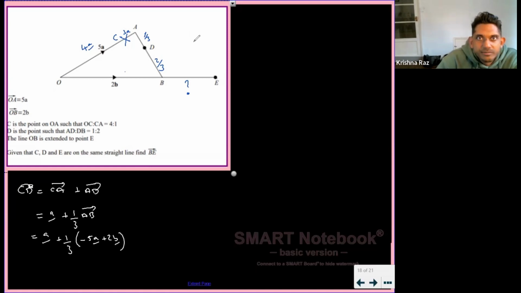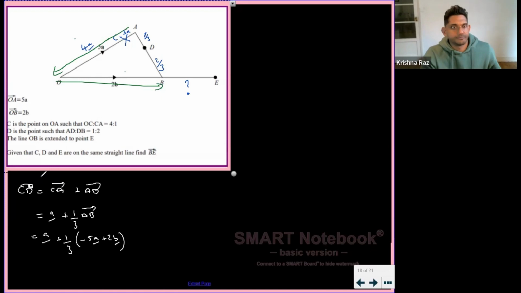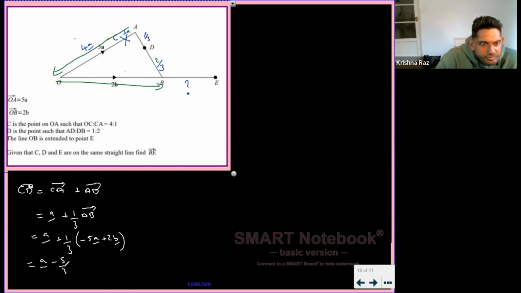I've skipped a step there because I was going to run out of space to write anything. So that will be AB, so minus 5A plus 2B. So let's neaten that up. So we've got A minus 5 over 3A plus 2 over 3B.